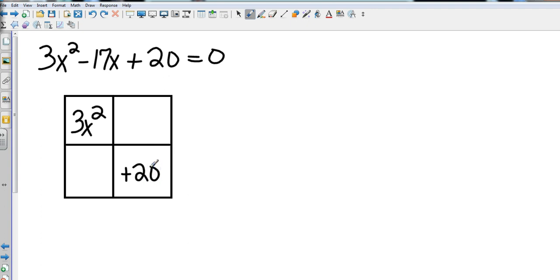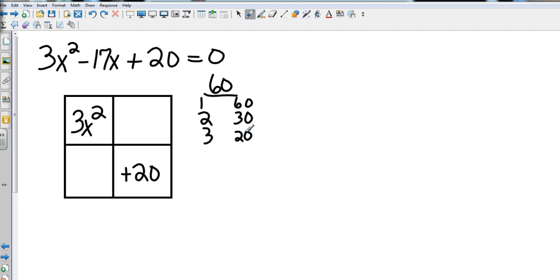So now I come over here, and I'm going to find factors after I multiply 20 times 3, factors of 60. There's going to be quite a few of these. So we've got 1 and 60, 2 and 30, 3 and 20.